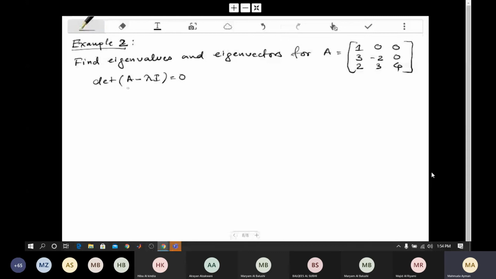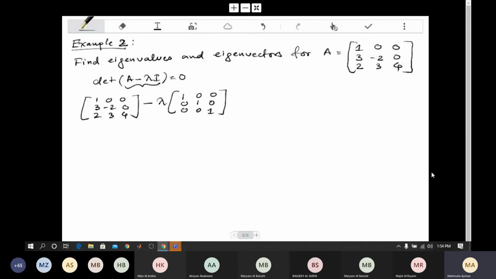So let's first solve A minus lambda I. We have here A is 1 0 0, 3 minus 2 0, 2 3 4, minus lambda times the identity matrix, which is 1 0 0, 0 1 0 and 0 0 1.